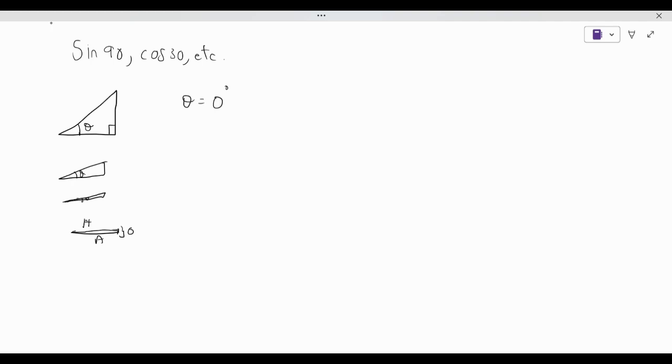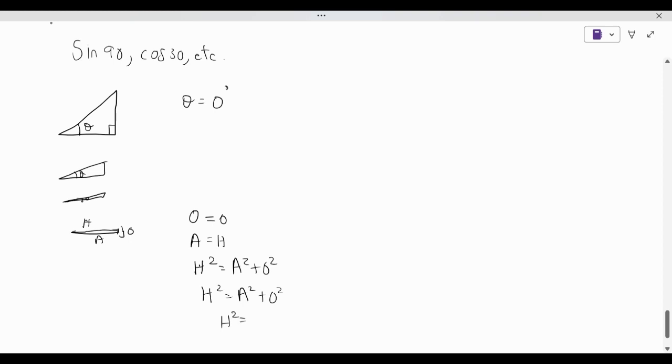So when theta becomes 0, opposite becomes 0 and adjacent becomes equal to hypotenuse. Either you can reason it out in this sense, that as theta becomes 0, the hypotenuse settles on adjacent, or you can use Pythagoras theorem. For example, h square is equal to a square plus o square, and since o is equal to 0 when theta is equal to 0, h square is equal to a square plus 0 square.